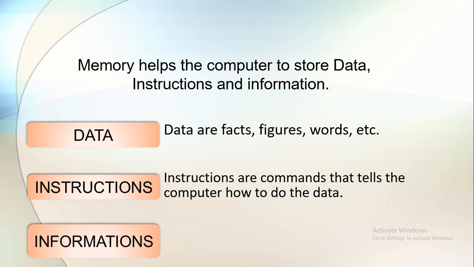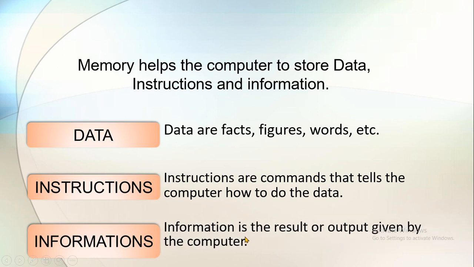Information is the result or the output given by the computer. So 10 plus 20 is the instruction I have given, and these are the data provided to the computer. By executing that, the computer will do the addition of the two numbers and will display 30 as the result in its output device.